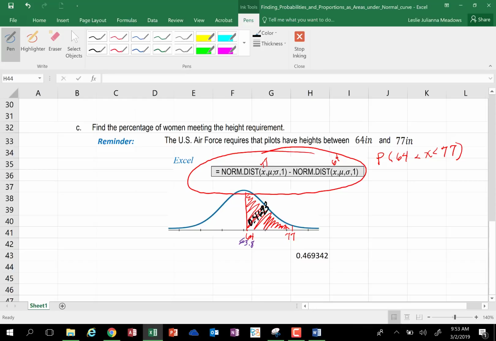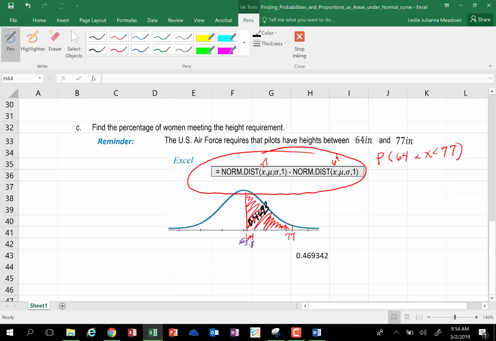Okay, now let's say that the question went on to ask us, suppose there were 1,000 women trying to apply for the U.S. Air Force. What number of them do we expect to meet the height requirement? Well, we would simply take our 1,000 women and multiply by the proportion or the percentage of women who meet the height requirement, and that's what we would expect.